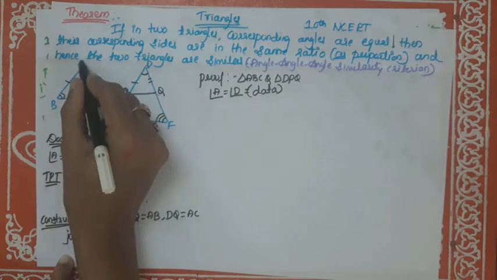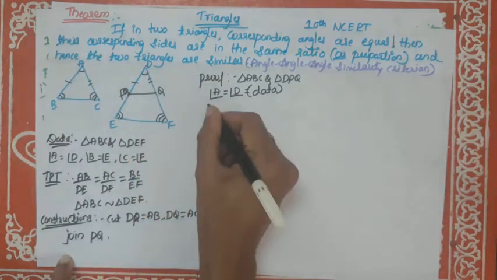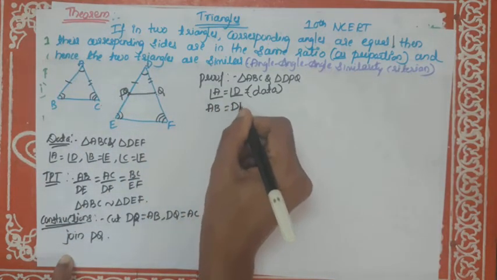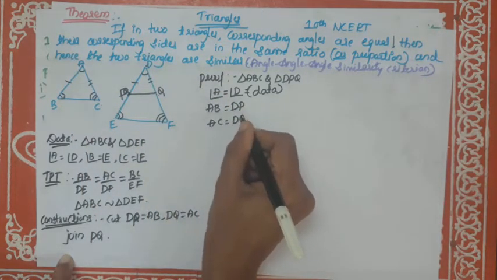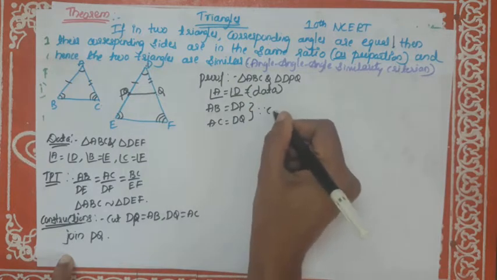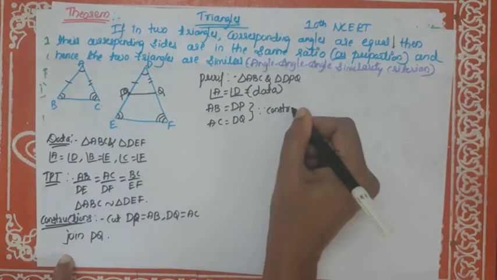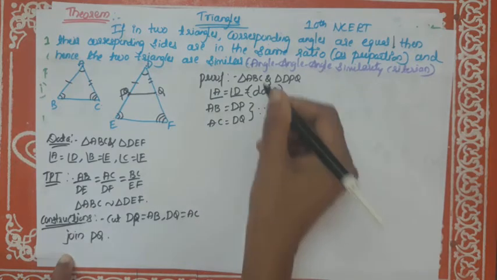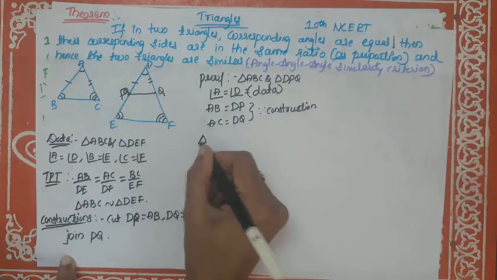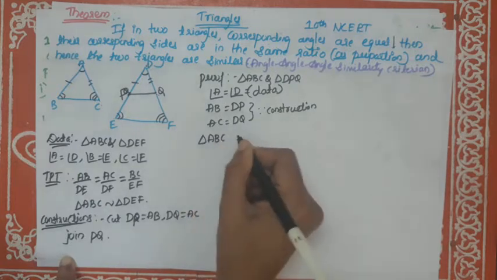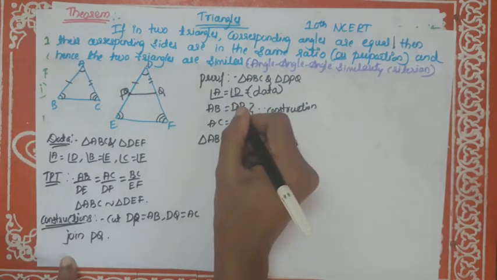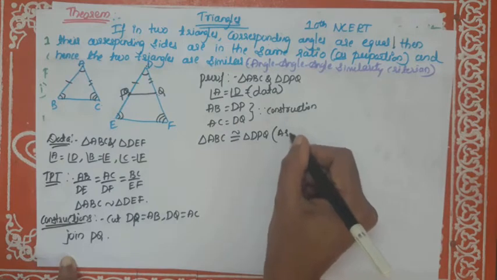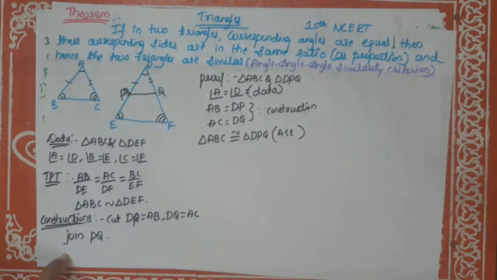Then AB equals DP and AC equals DQ, these are by construction. So these two triangles are congruent, as we learned in 8th and 9th standard, by the angle-side criteria (SAS).